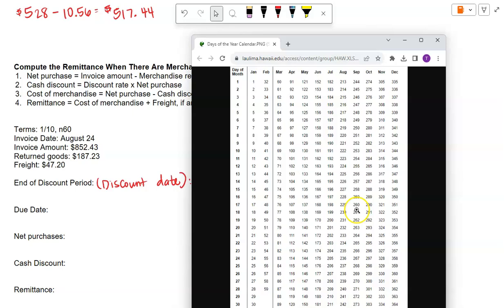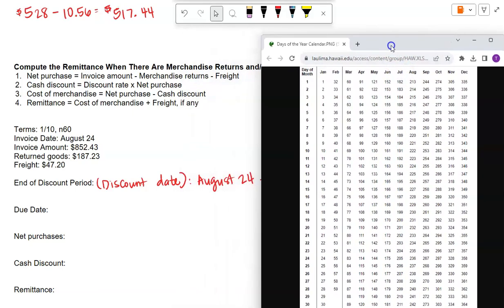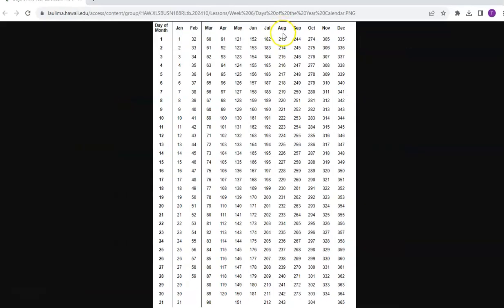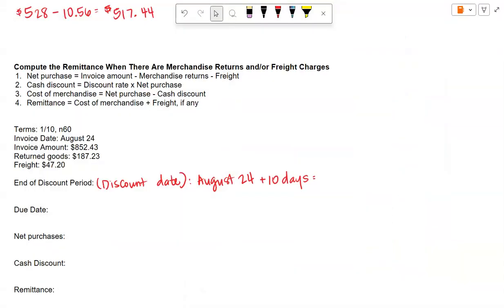And so when we use this calendar, we want to look at this invoice date, August 24th. So here's August, and then 24 would be day 236. So I'm writing this right below it. So day 236. And then I'm going to add 10 days to figure out the end of the discount period.